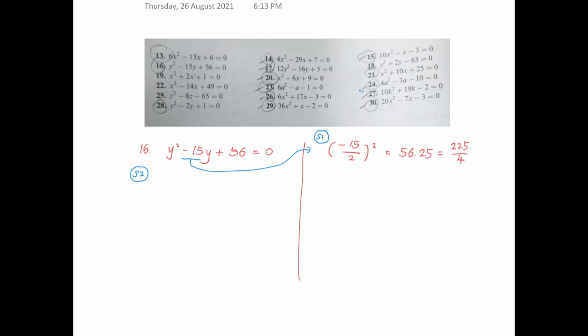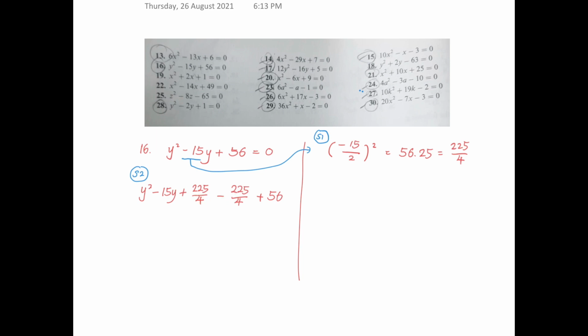So you can see something like this: y squared minus 15y plus 225 over 4 minus 225 over 4 plus 56. You will realize I put plus 225 over 4 and minus 225 over 4 in between.